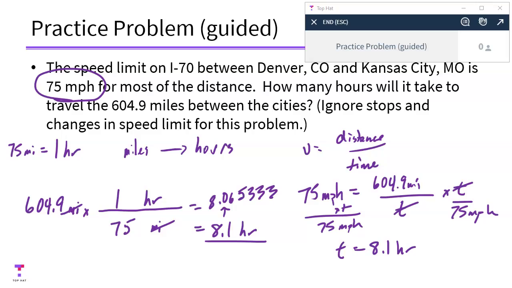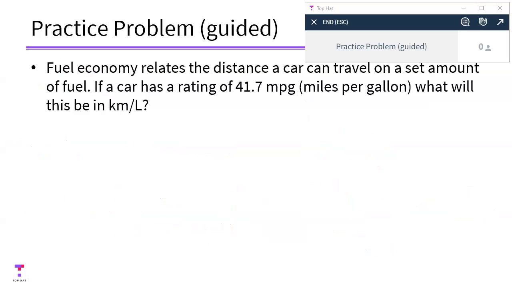That's a little unreasonable for a 605-mile trip. So when we deal with combination units like this, we have to be careful about them. So dimensional analysis should help us to organize them in a way that makes some sense to us.